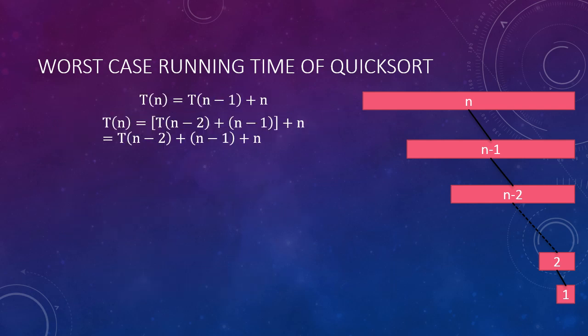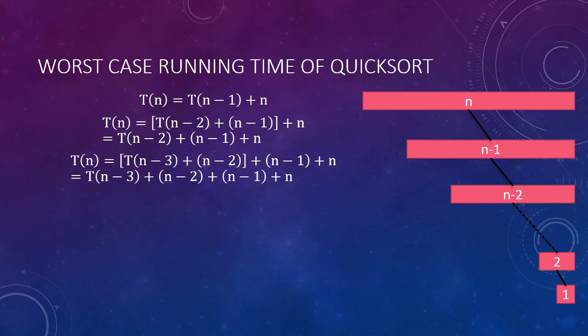Let us continue the trend. T(n minus 2) can be written as T(n minus 3) plus n minus 2. I substitute this in the equation. Again, we see a pattern. First, I have T(n) equals T(n minus 1) plus n.